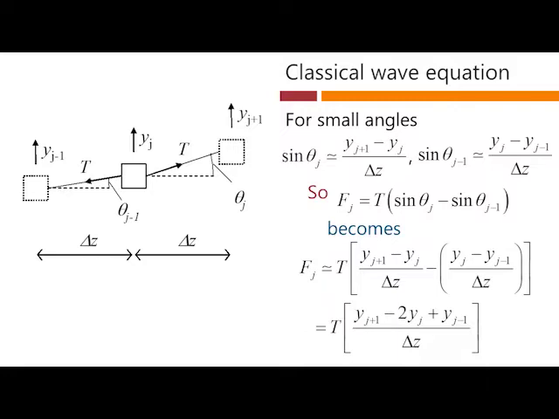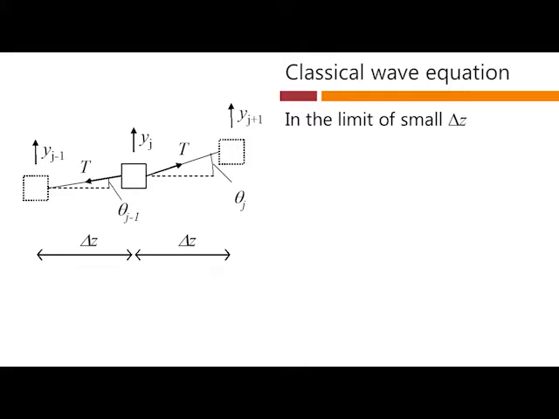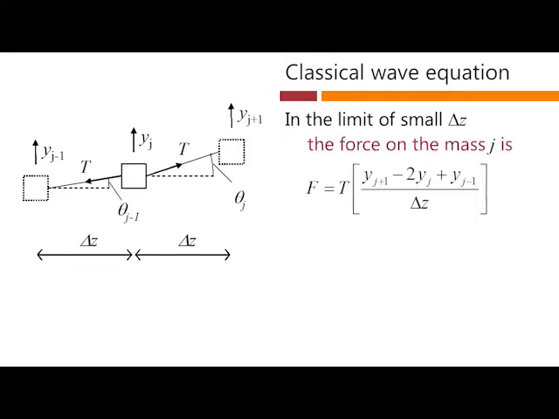Now, you may recognize what we have in here. And indeed, in the limit of small delta z, the force on the mass, all of this stuff here, times the tension, the force pulling it upwards. We can put in a different delta z on the bottom, an additional one to get delta z squared, put one up on the top to compensate for that.